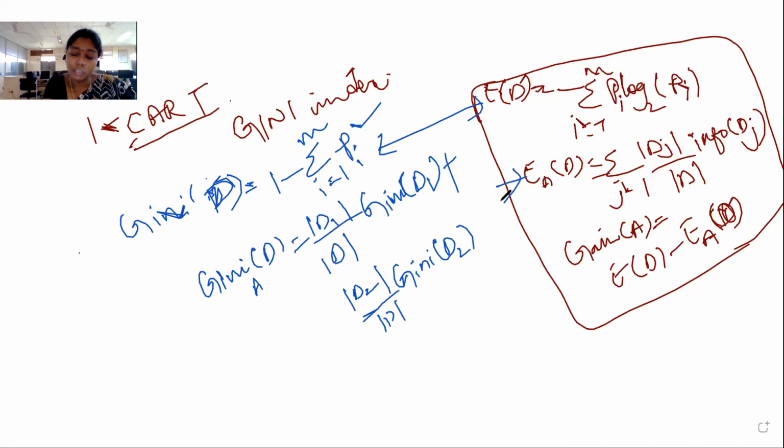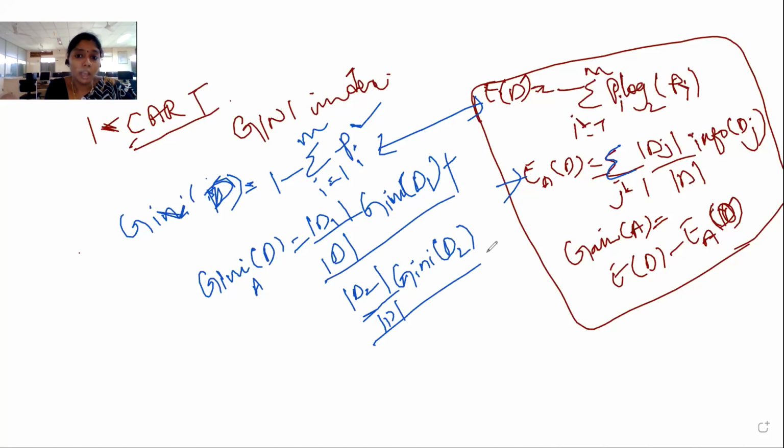If you observe the difference, here we have not taken the sigma; instead we have taken only a two-step derivation. Why? Because the major difference of Gini index is that it only allows the expansion of a binary tree.